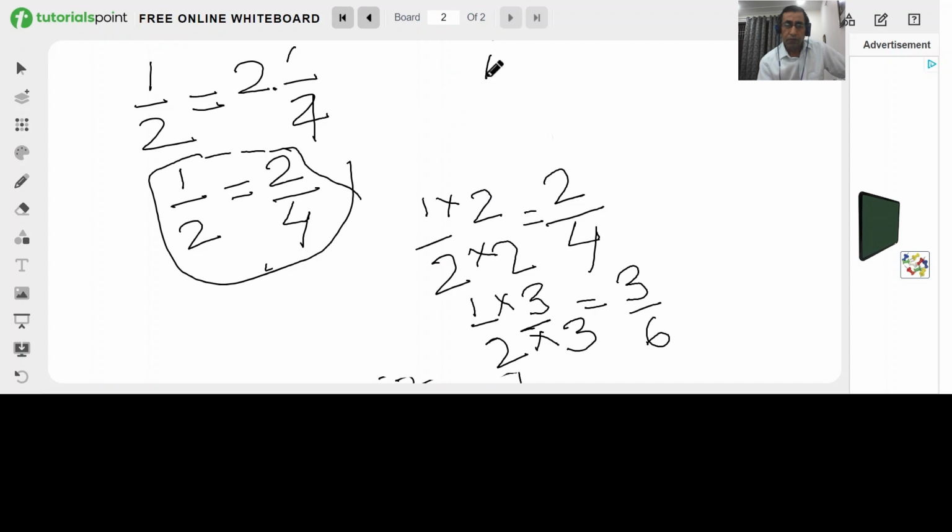So a very important thing we have learned is that 1 by 2, 2 by 4, and now 3 by 6 are all equal.